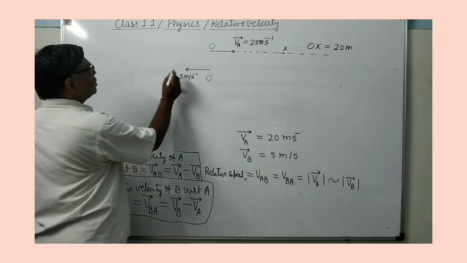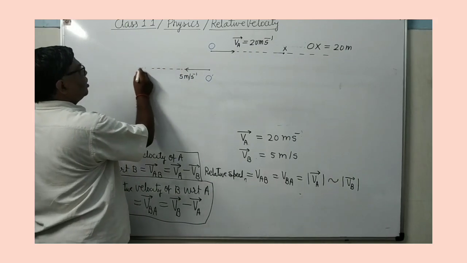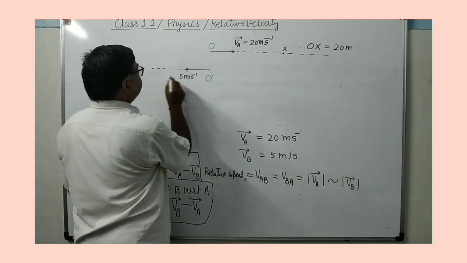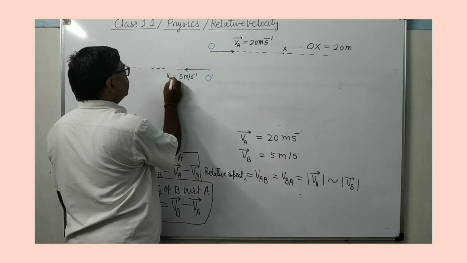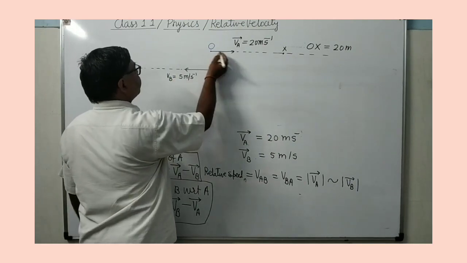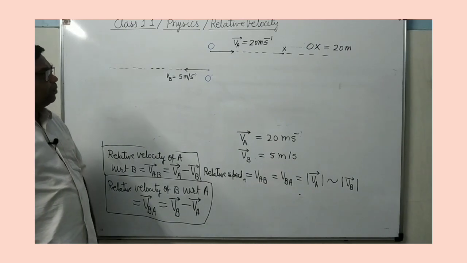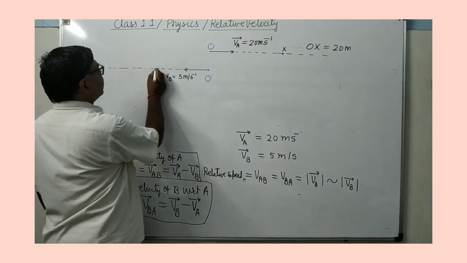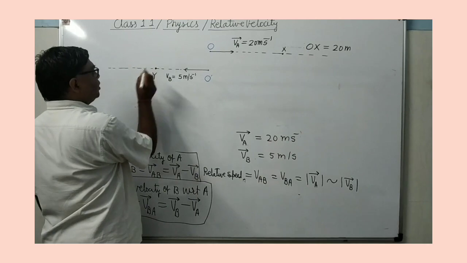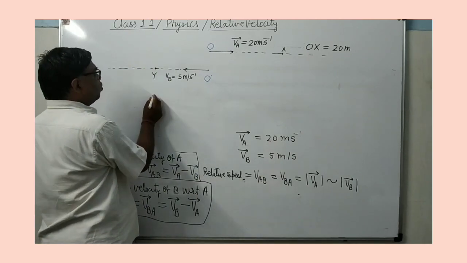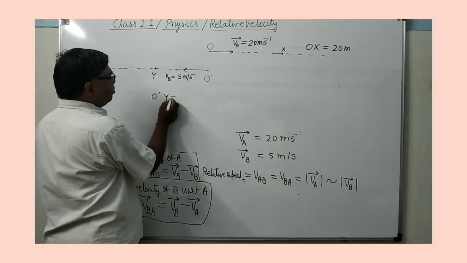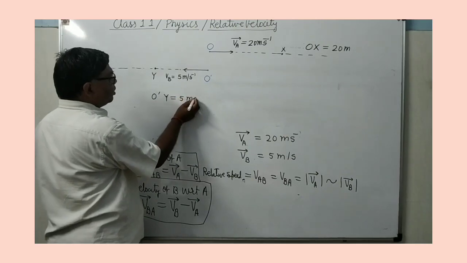What will be the position of B? This is VB, you can say this is for A and this is for B. What will be the position of B after 1 second? Suppose it reaches here at Y. So here O dash Y will be equal to 5 meter.